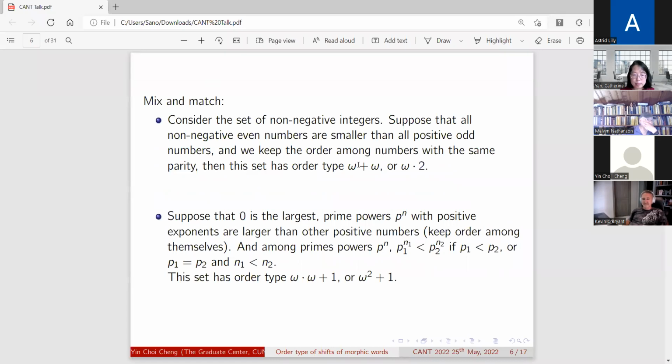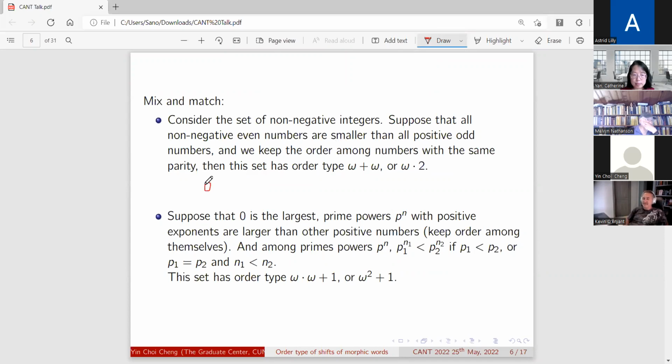We can also mix and match these order types. So consider the set of all non-negative integers, and suppose that all non-negative even numbers are smaller than all positive odd numbers, and we keep the order among numbers with the same parity. So what does this ordering look like? We start with the even numbers.